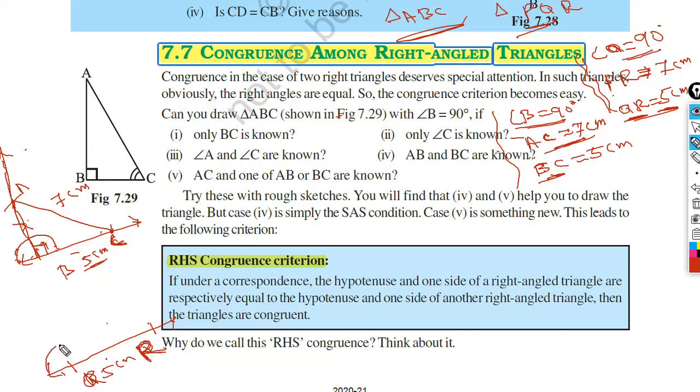So draw 90 degrees. We have already told how to draw 90 degrees. Now you have PR equal to 7 cm. Take an arc of 7 cm, put the point at R and cross it here. Now name the point P. Now join PR.